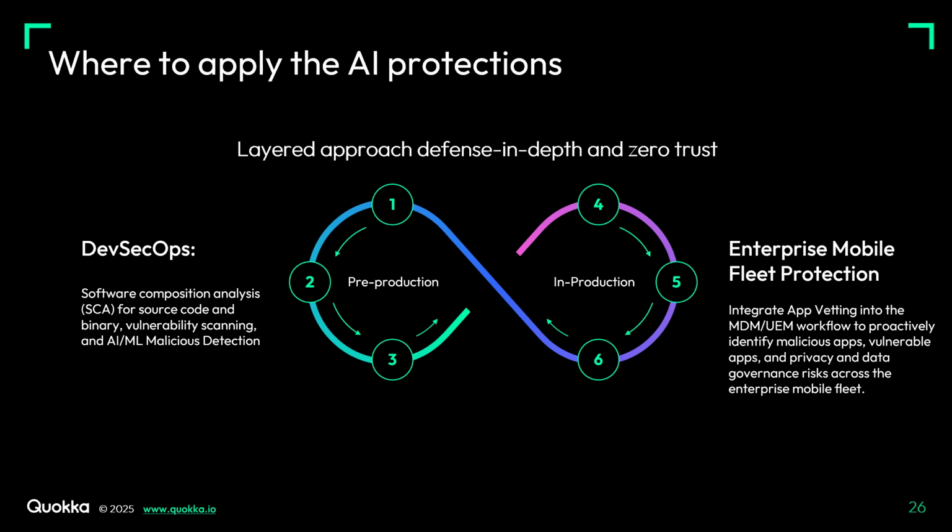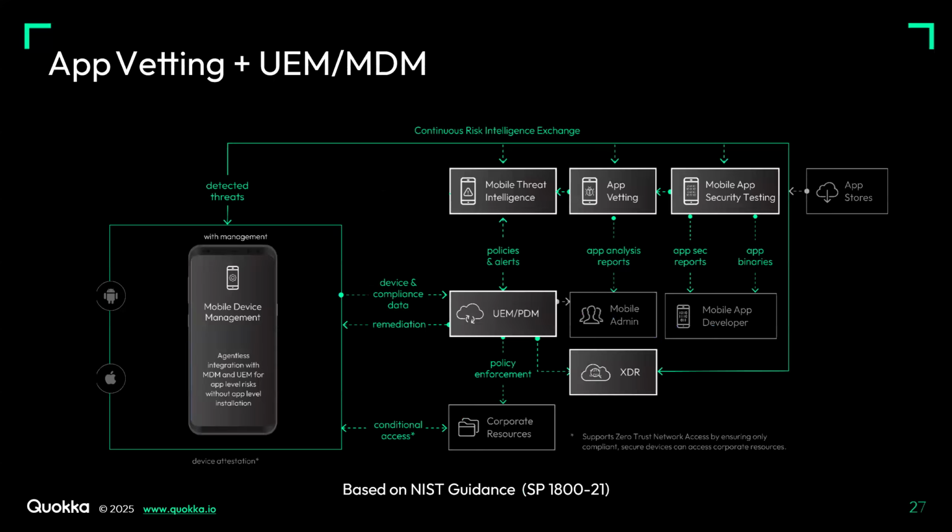The other place, of course, is on the enterprise, protecting the mobile fleet. So a natural point to integrate this would be your mobile device management system or your UEM, because that is a system that literally controls the phones, but it doesn't provide security, right? So when we look at this diagram, on the left-hand side, you have the actual mobile device.